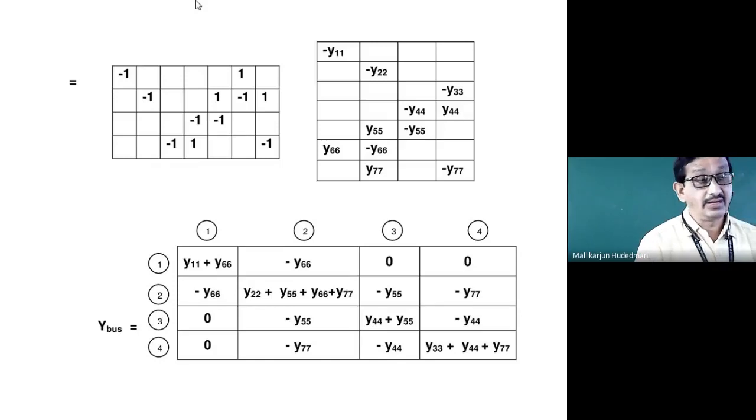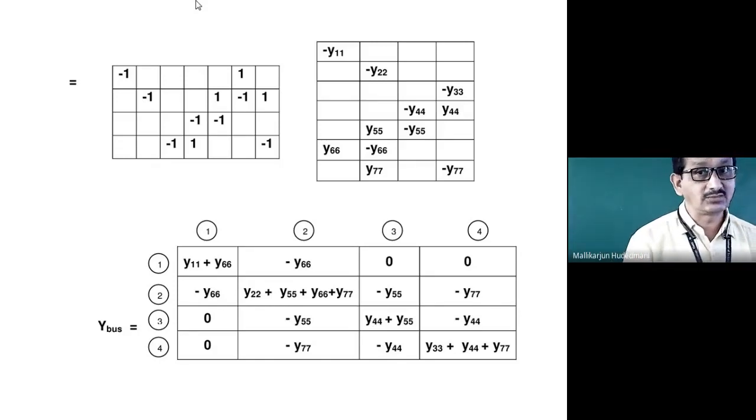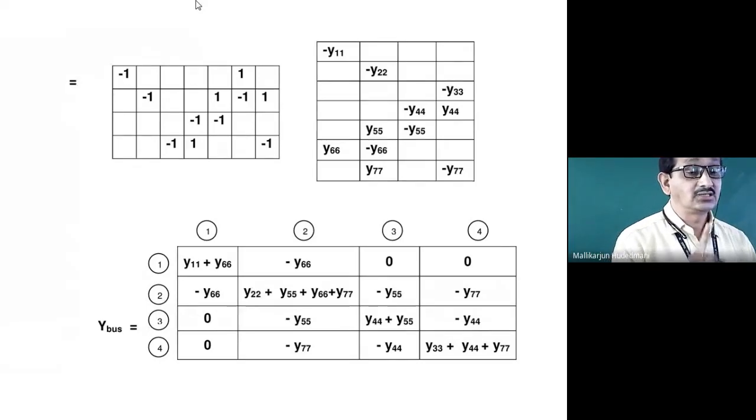The difference between Y bus by the inspection method and Y bus by the singular transformation method is that the size of the Y bus is 1 less than the total number of buses in the system. If there were 5 buses, 1 is taken off and it is 4 cross 4. If there were 100 buses in the power system, one of them is a reference, and you delete that.